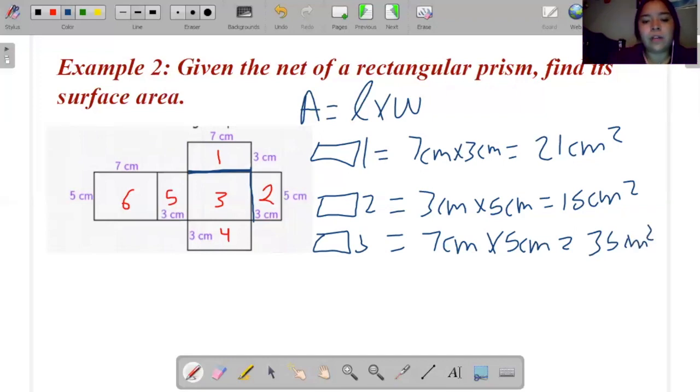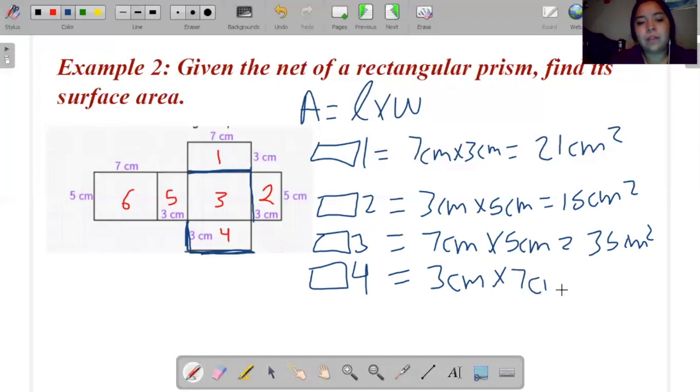Let's do rectangle 4, which is 3 centimeters times 7 centimeters, equal to 21 square centimeters.